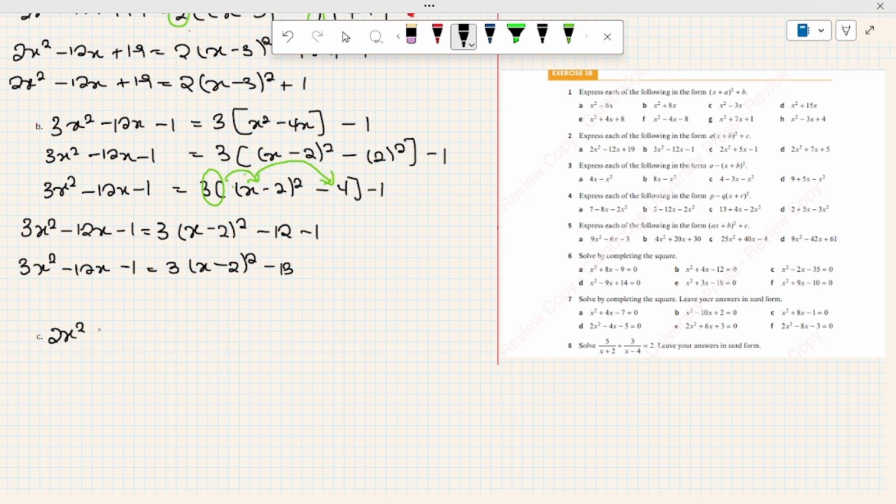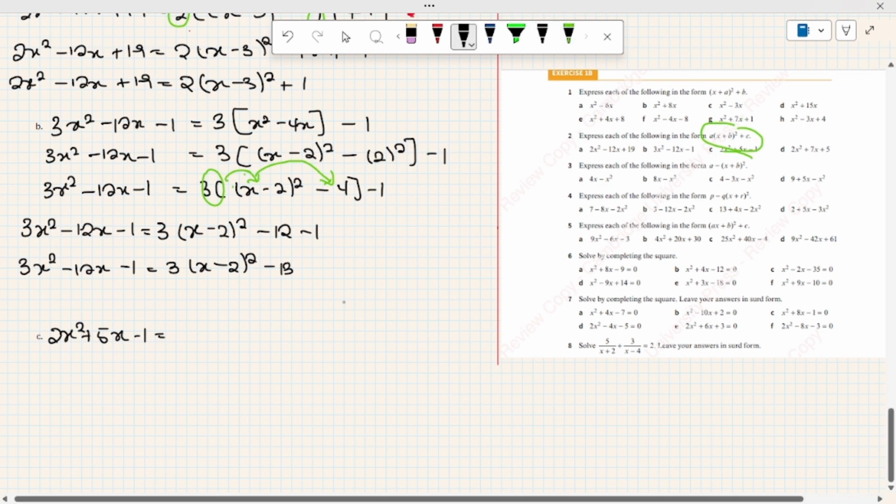2x squared plus 5x minus 1, right? So the best way that I would advise for you to go over this question is for us to expand the bracket, right? Let me show you what I mean by that, because they required us to find the value, to find the square in this format.